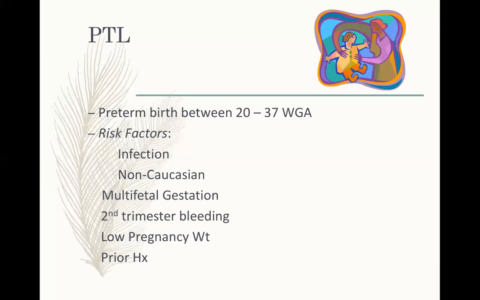Low pregnancy weight, and that just has to do with the body not being able to sustain both the maternal needs and the fetal needs, so it ends up in preterm labor. And any woman who has a prior history will have an increased risk for preterm labor with subsequent pregnancies.